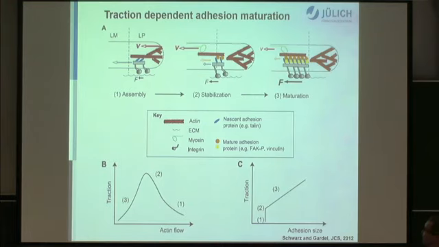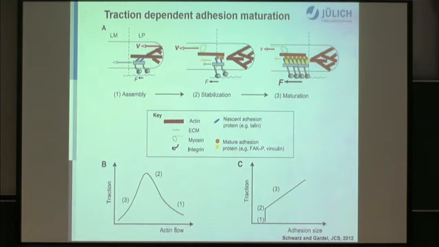The most important thing is that as soon as the young adhesion complex connecting the extracellular matrix to the actin is formed, you get a few interactions between the actin and the cytoskeleton. But these very few interactions do not induce a lot of force at the adhesion site.